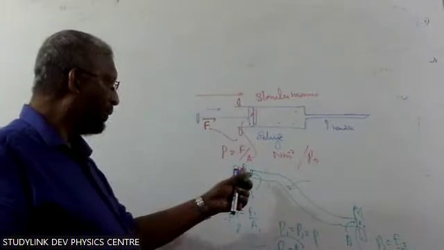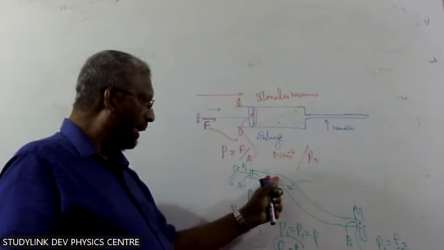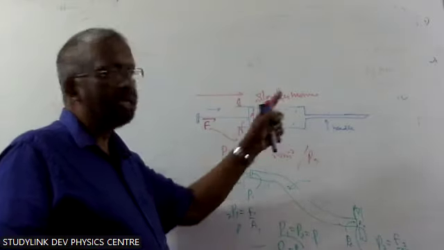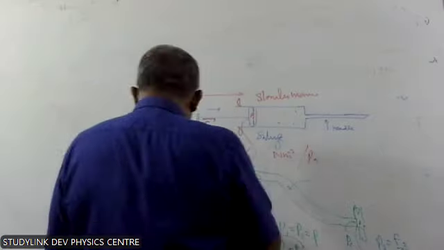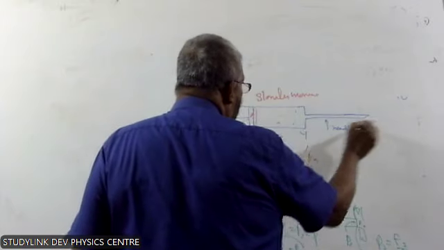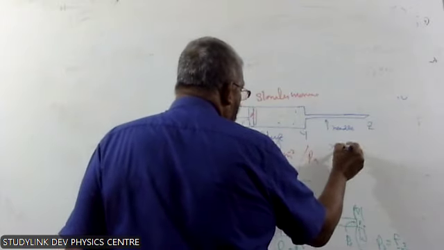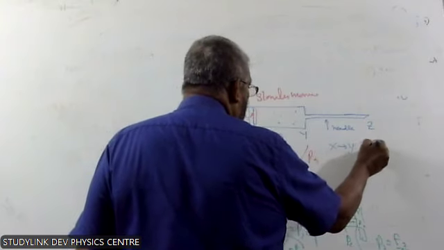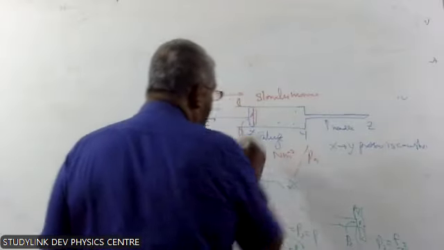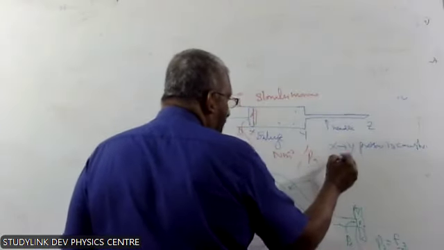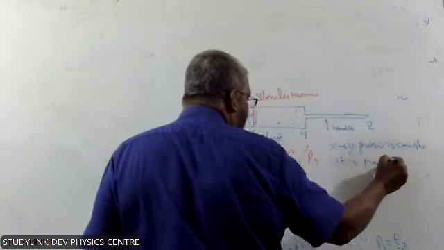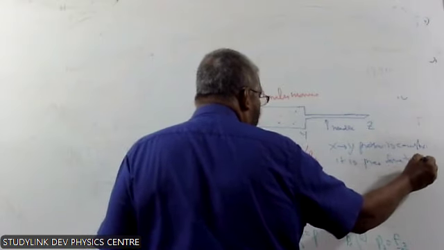Like that, I want to mention that even when moving slowly, as far as Pascal's theorem is concerned, the pressure is the same everywhere. That means if you label this as X, Y, and Z, from X to Y the pressure is constant. That is equal to the pressure due to the piston.